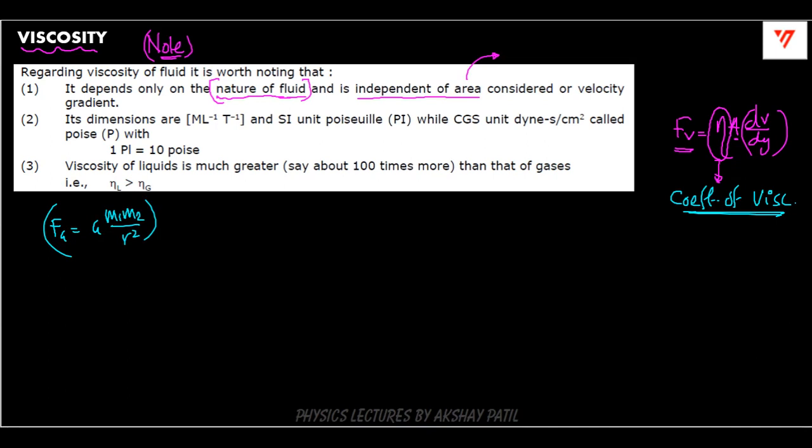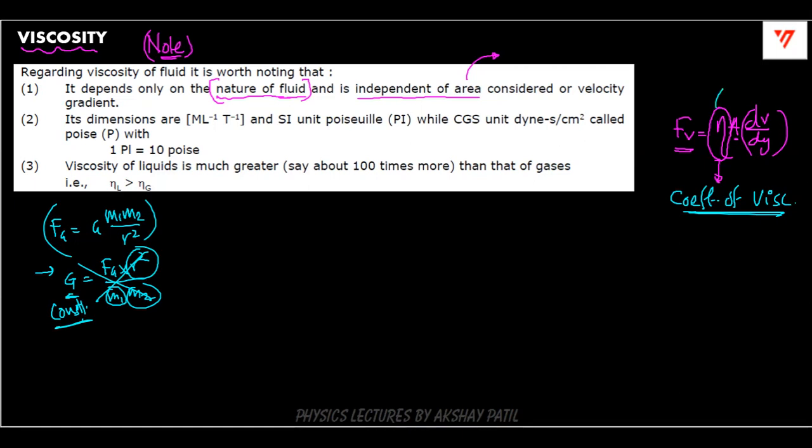A tricky question was asked in one of the CBSE exams, G is equal to Fg into r square upon m1 m2, and the options were that G is inversely proportional to m1 m2, G is directly proportional to the square of the radius. This is wrong, because G is called the universal gravitational constant. By its definition, it is a constant. So here also eta is a constant, independent of everything.